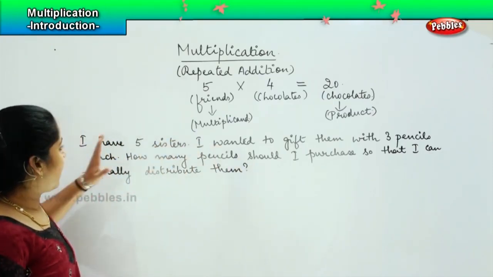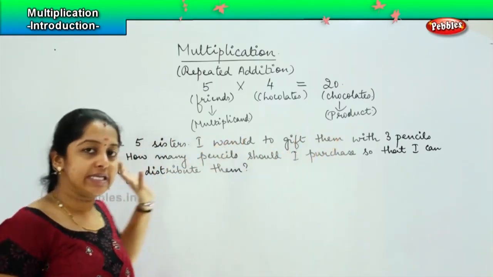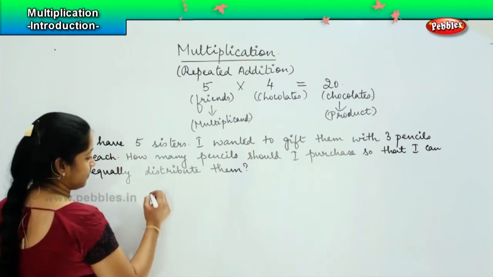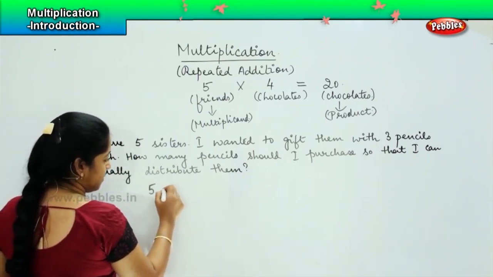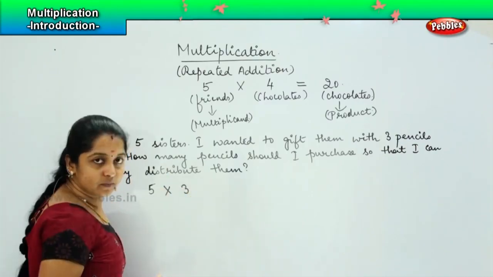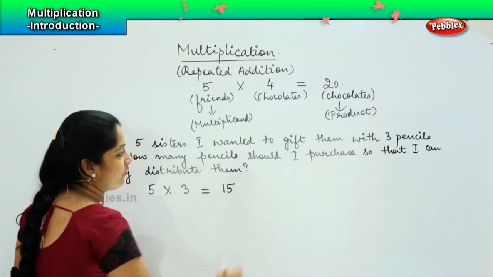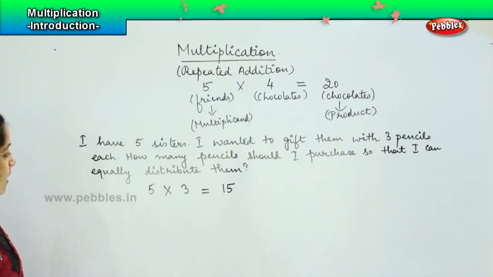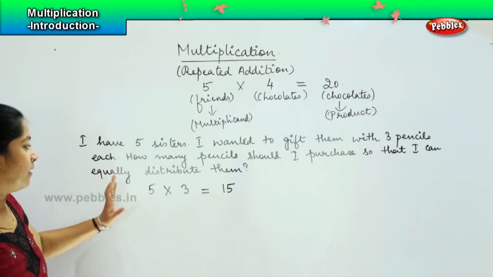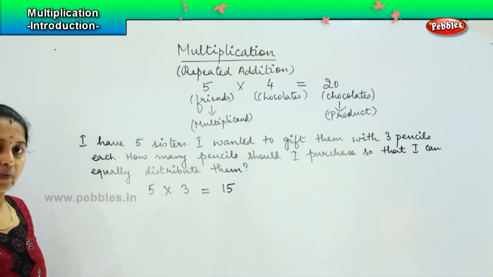It says that I have 5 sisters and I wanted to give them 3 pencils each. Okay. So, which means that my multiplication sum will be 5 sisters and each will be having 3 sets of pencils. Which will give me an answer 15. Okay. So, I need to buy 15 pencils and if I divide among 5 sisters, each will be having 3 pencils. Okay.